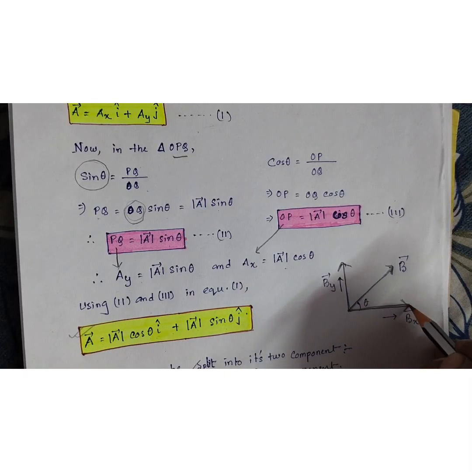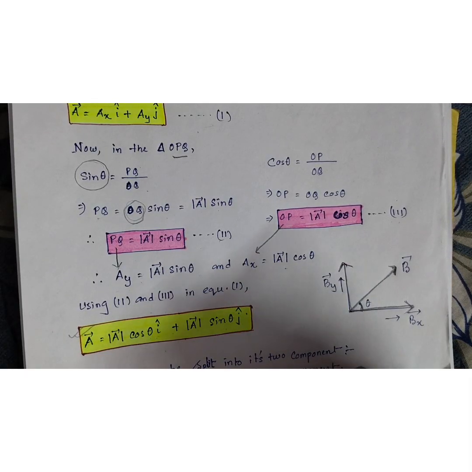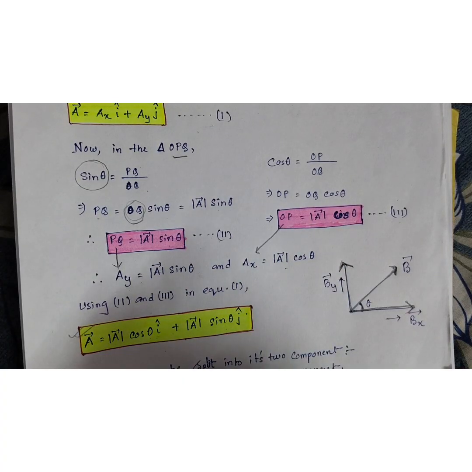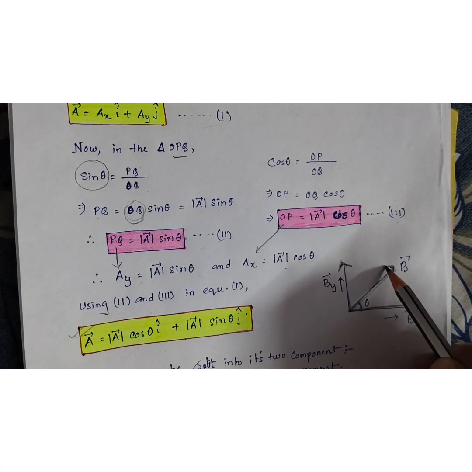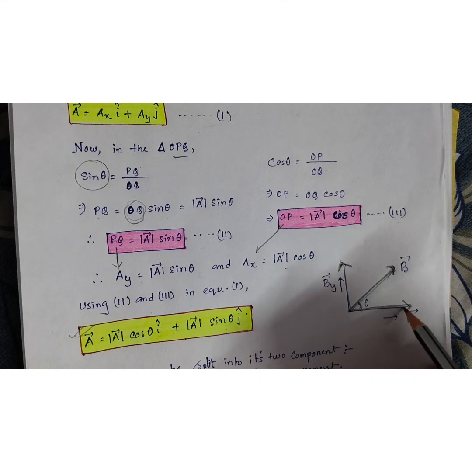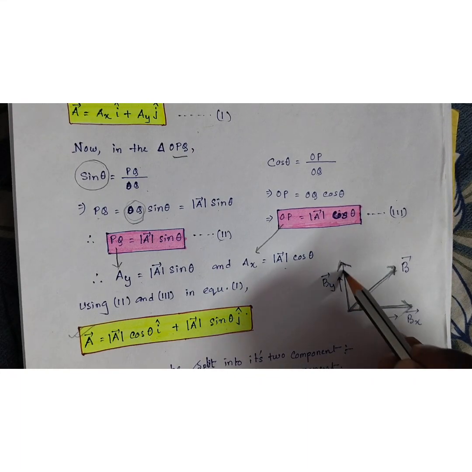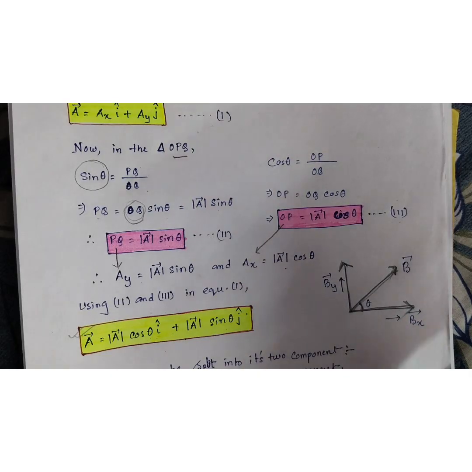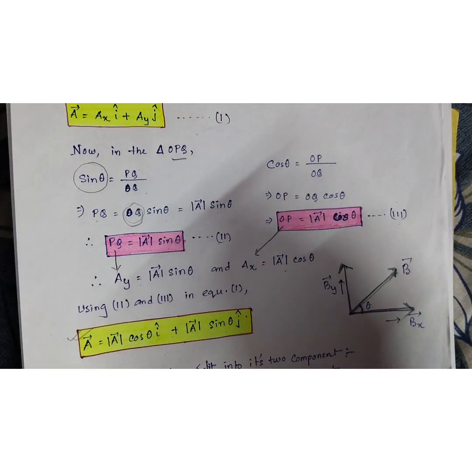Horizontal component means the component with the angle, and the other one is the vertical component. So this vector can be split into two components. Horizontal component will contain cos theta and vertical component will contain sin theta.